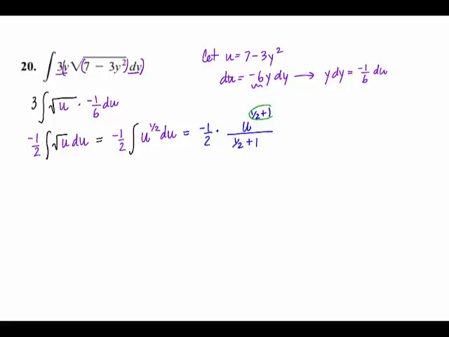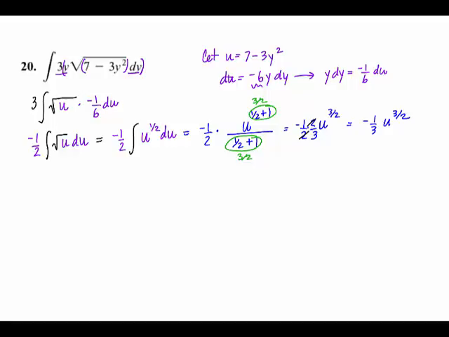Cook up these values. 1/2 plus 1 is 3/2. It's also 3/2 down here. That's negative 1/2 u to the 3/2. And instead of dividing by 3/2, let's multiply by 2/3. Then we can say that the 2's cancel, and we have just negative 1/3 u to the 3/2.